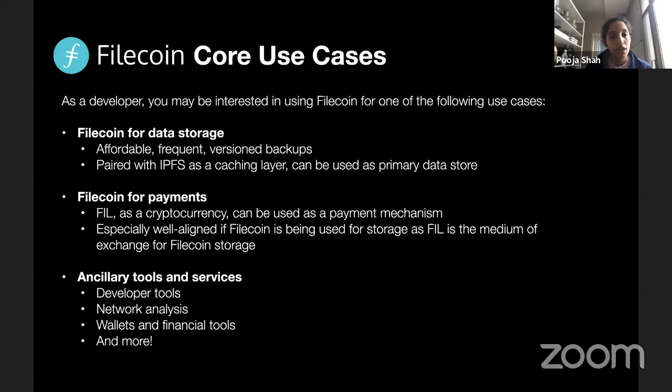But if you pair Filecoin with IPFS or some other caching solution, Filecoin can be considered the primary data store, and you can use IPFS to retrieve the data as you need it into a hotter caching layer, and then serve it back to the user who's requesting data. So that's the use case of using Filecoin for data storage.